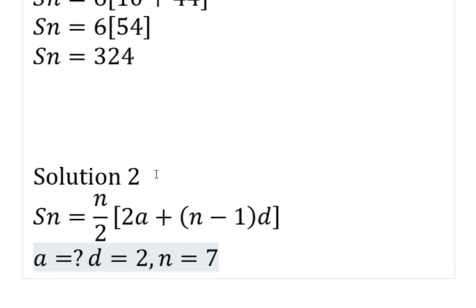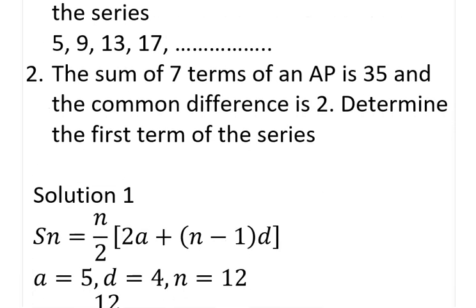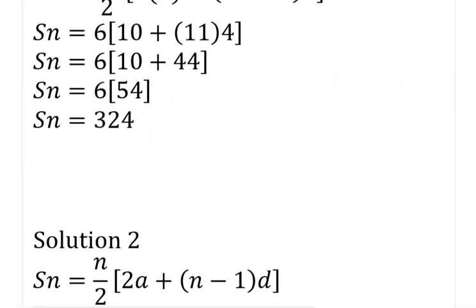Then your sum of AP, the question has given you to be what? 35. So just look for A. You are given D to be 2, N to be 7, Sn to be 35. Just input all this in your formula and you are good to go.